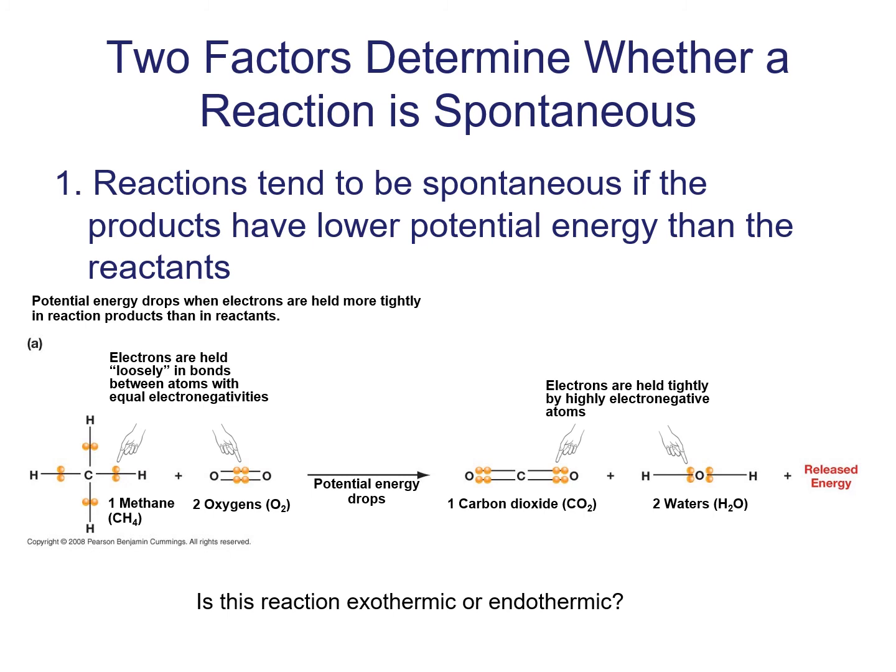And the more stable situation is with the electrons pulled closer towards the oxygen atoms. So a reaction like you're seeing here, where you're burning methane, is exothermic. It's going to give off energy. It's going to give off heat and light as well.